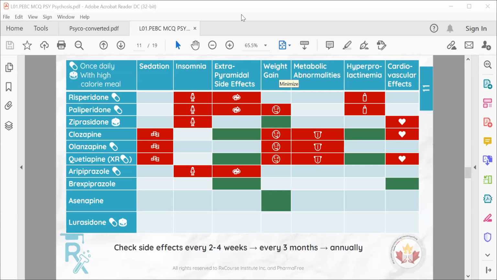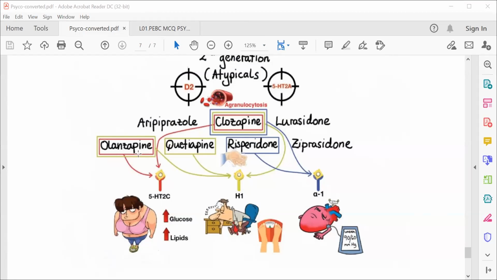Yeah, quetiapine blocks the histamine receptor, but olanzapine and clozapine also block it. You remember that from the graph here? Let's see it together again.